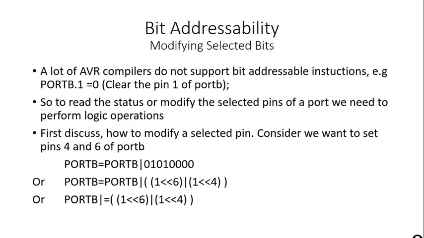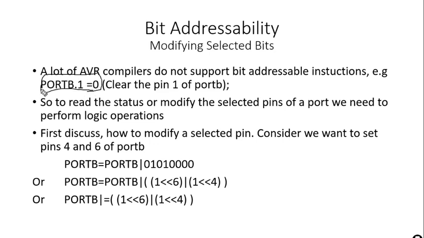Now we come to port bit addressability. Although we studied in assembly language that the AVR has special instructions that allow us to read and modify selected bits, unfortunately there are AVR compilers, and also AVR Studio, the standard software available from the official website, whose compiler doesn't support such instructions as PORTB.1 = 0.